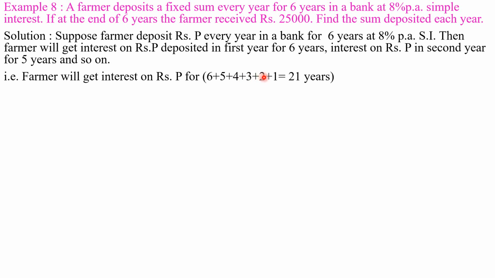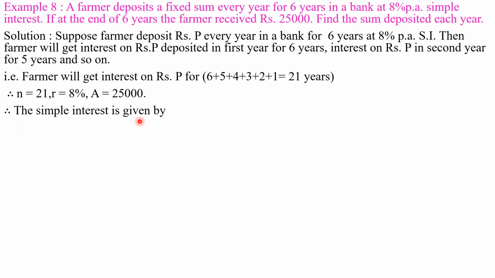Fourth year he gets interest for 2 years, and the last year he gets interest for 1 year. That is 6 plus 5 plus 4 plus 3 plus 2 plus 1 is equal to 21 years. Therefore, number of years is equal to 21, R is equal to 8%, and amount, because at the end of 6 years the farmer received rupees 25,000, so amount is equal to 25,000.